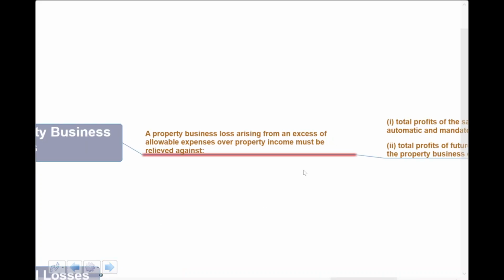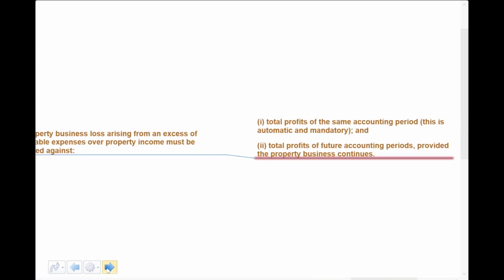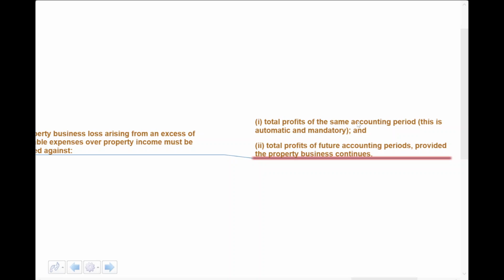In essence, we relieve it in two different ways. Note, in terms of the first way, this is automatic and mandatory. It's not optional. If you have a property business loss and you are a company, you must offset that against total profits in the same accounting period.